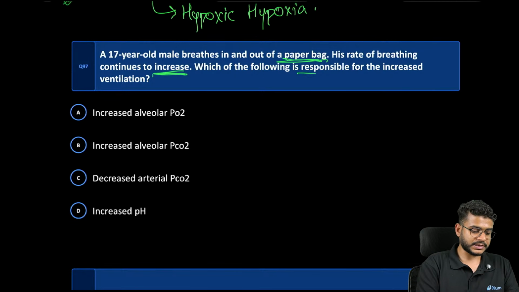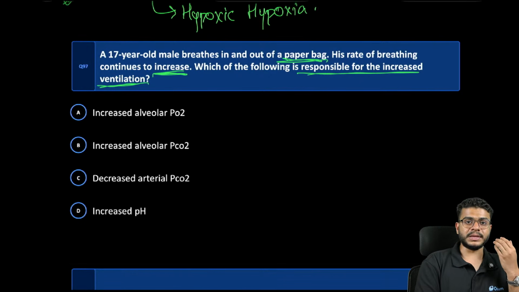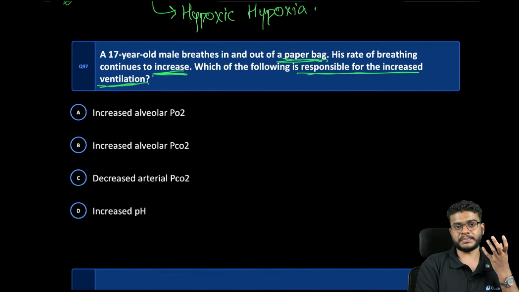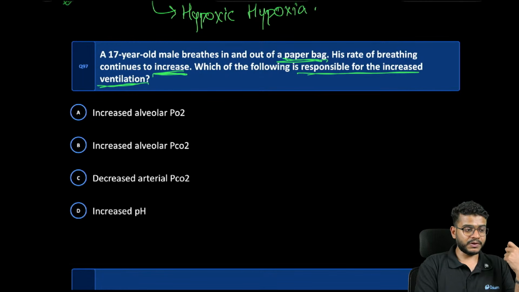Which of the following is responsible for the increased ventilation? So imagine he is breathing in and out from the same paper bag. By the time the paper bag will have a higher concentration of the expired carbon dioxide, so he will be again inspiring this high concentration of carbon dioxide.